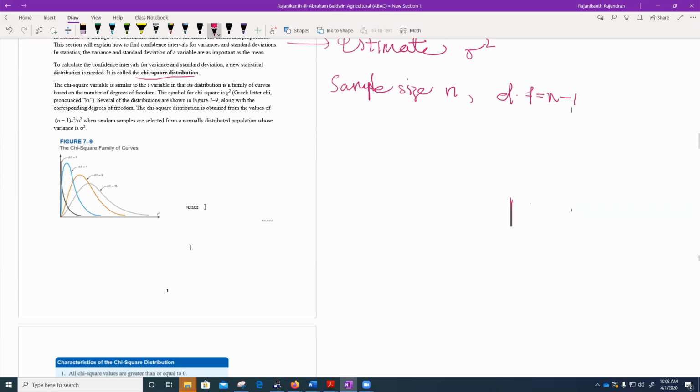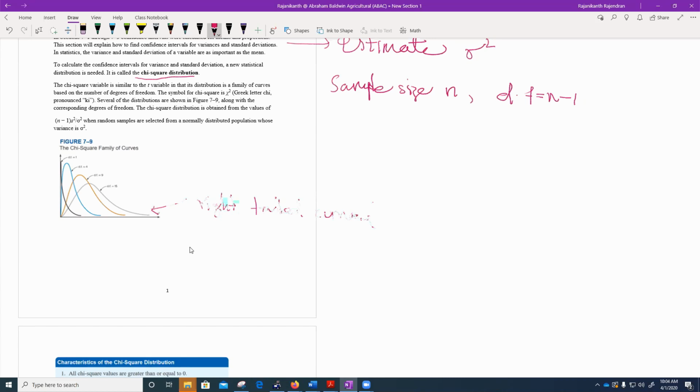It's a continuous curve, but remember, all the curves are right tail curves. What does that mean? That means all the curves are skewed to the right.